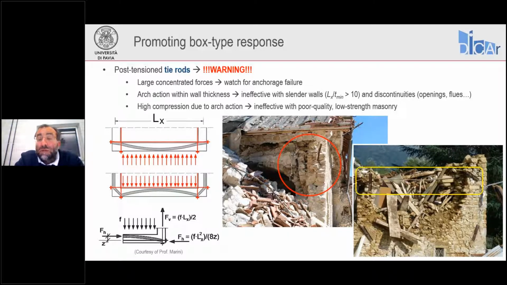You see full disaggregation of these walls, even though tie rods were provided, but those tie rods were completely inefficient because the masonry material was not able to withstand the forces that were developing with this arch action.